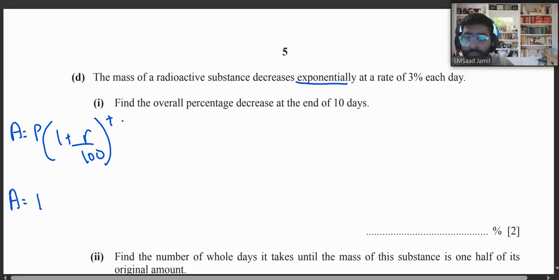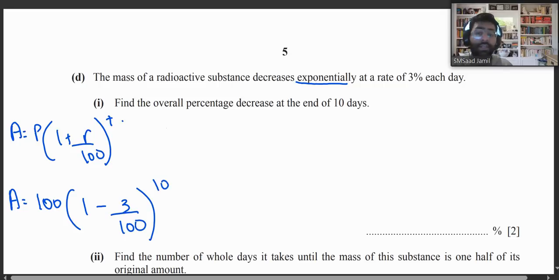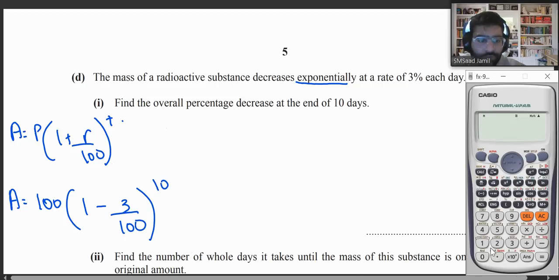So in place of P, I will write 100. 1, I will not write plus because it says decreases, so minus 3 upon 100, raised to power T, 10 days. Okay. So my brothers and sisters, 100 multiplied by (1 minus 3 upon 100) raised to power 10.